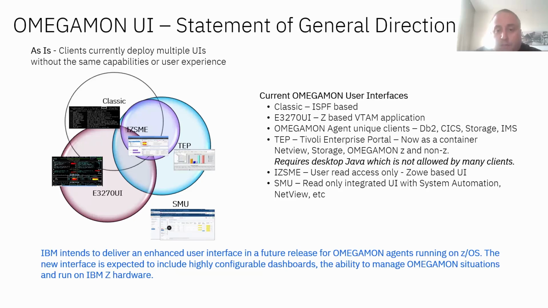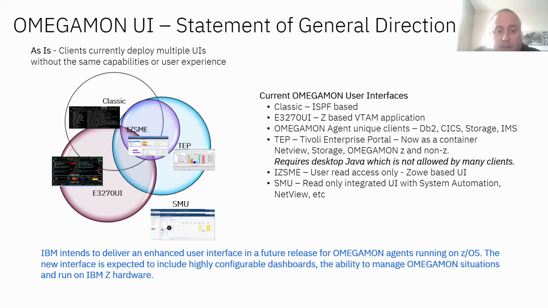And largely where that's driven from is, if we think about, and Ash kind of alluded to this today, we have 5 different interfaces that our clients use today, from the Classic to the E3270, the Tivoli Enterprise Portal, which does require Java and has a challenge for some of our clients because of that, to the Z Service Management Explorer and the integrated UI with Service Management Unite across System Automation and NetView.